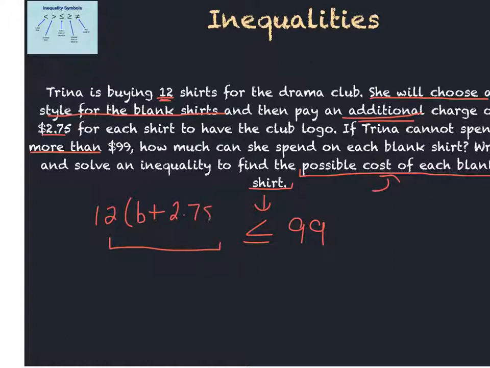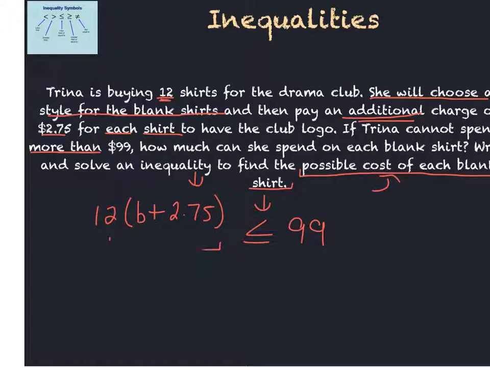For each shirt, right? So if it just said an additional $2.75 for the entire order, then $2.75 would not go in the parentheses. But it's an additional charge of $2.75 for each shirt. So we also need to multiply $2.75 by 12, because that charge will be for each shirt that she buys. It's not a one-time flat fee. All right? And this would be your inequality.